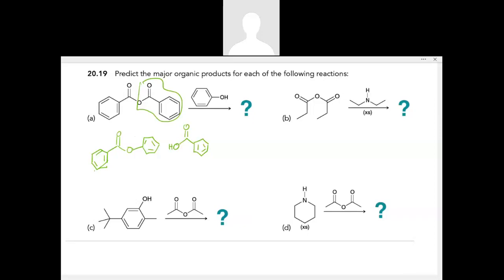Let's see what happens in part B here. So now we have this acid anhydride here reacting with excess of this diethylamine. So what we're going to see is if we orient our carbonyl in the same fashion, we're going to see that we create this amide here, right?